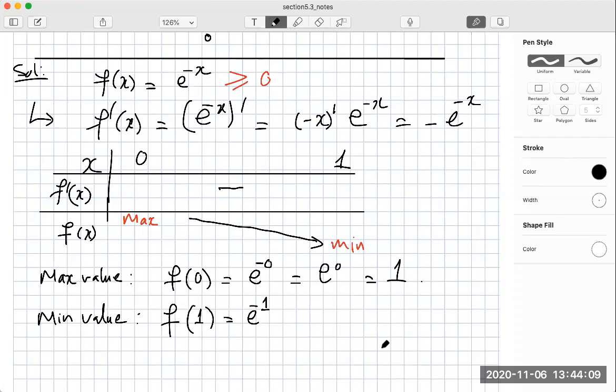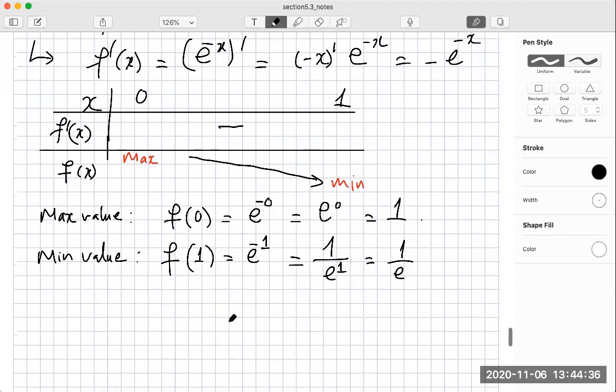The same story. This is the negative power, so we can bring this to the denominator. It becomes 1 divided by e to the 1, or 1 divided by e. And remember, e is 2.7 something, simply a constant, right?